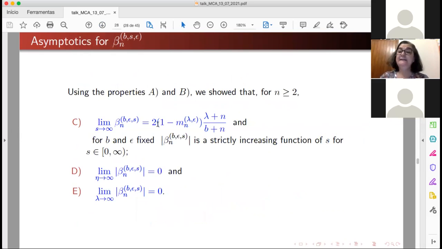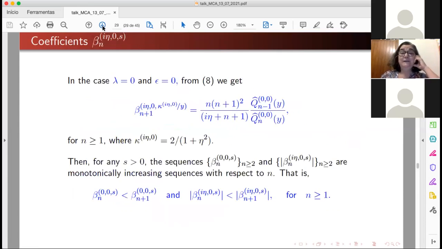But what is interesting is, with these bound properties, we could prove, for example, that when s goes to infinity, bn goes to this quantity that depends on the minimal parameter sequence. And as I told before, when eta goes to infinity, the modulus of beta goes to 0. Also, we proved that when lambda goes to infinity, beta goes to 0.